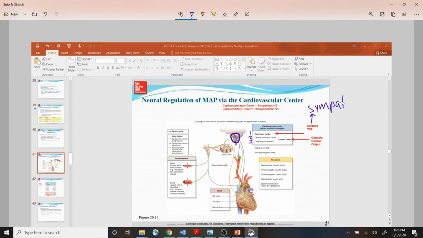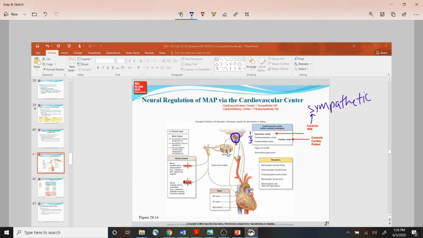But that vasomotor center has to communicate with the sympathetic system. The parasympathetic system is not involved with total peripheral resistance. As we talked about before, there are no neuronal connections or ganglionic fibers innervating those areas.